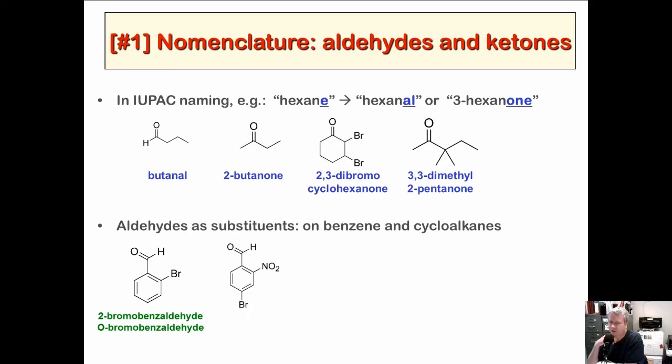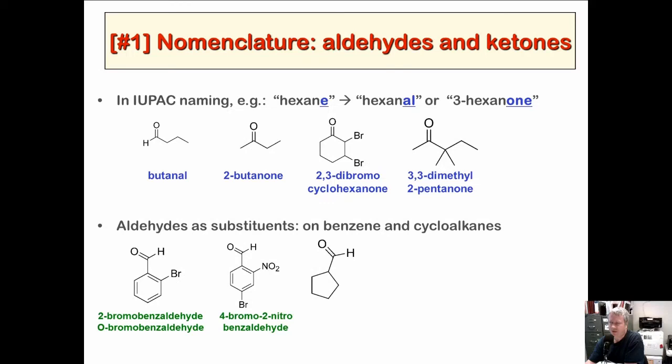What about this one? You have a bromine and a nitro. Even though the nitro is on 2 and the bromine's on 4, you list the bromine first because it's listed alphabetically. So it's going to be 4-bromo-2-nitrobenzaldehyde.